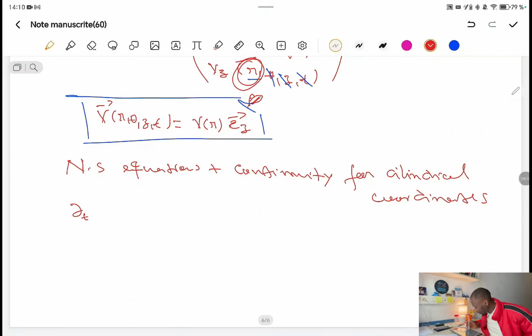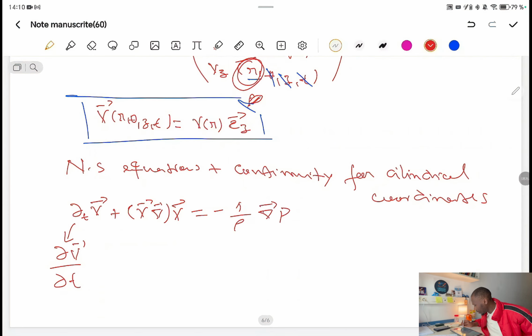The partial derivative over t of v, plus v times the gradient of v, is equal to minus one over the mass density times the gradient of the pressure, plus mu, the kinematic viscosity, times the Laplacian of the velocity.